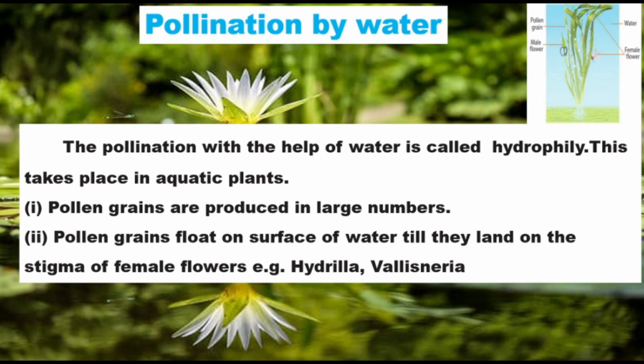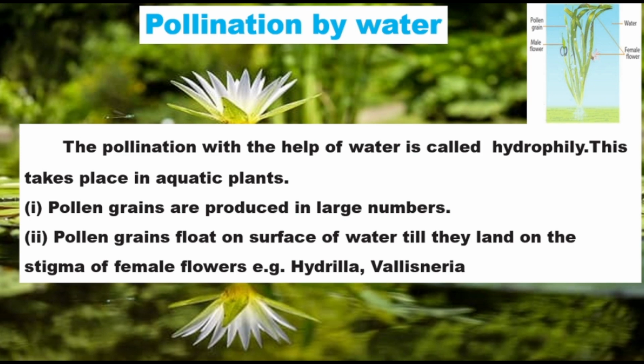The pollen grains float on the surface of the water till they land on the stigma of the female flower. The female flower is also above the water, in such a way that the pollen grains reach the stigma of the flower.